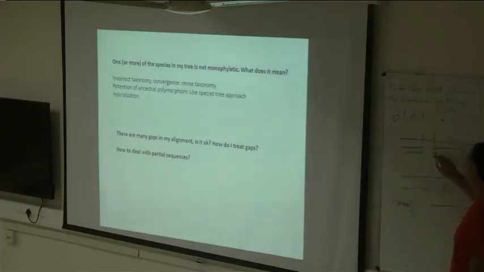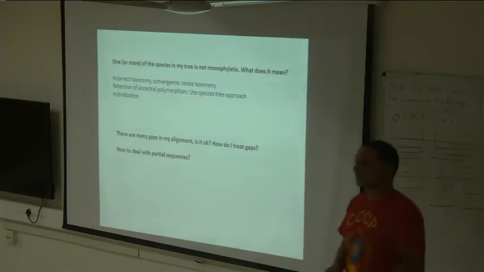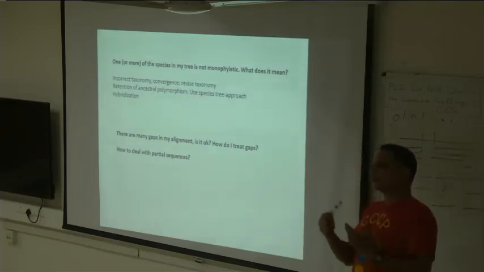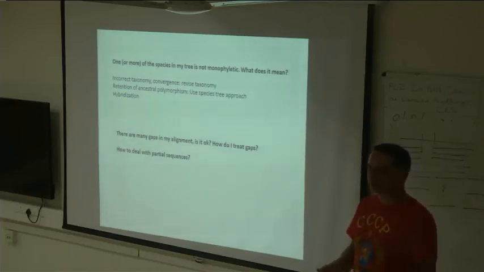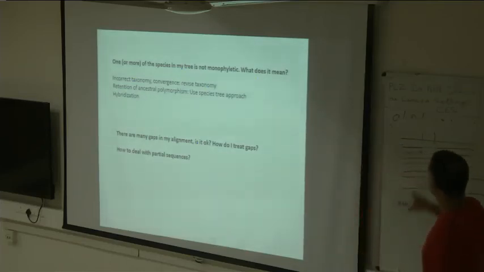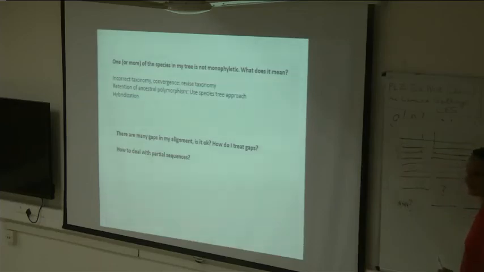However, you can also have a situation where this gap is actually informative. It is telling you that these 3 species are more closely related because they share a gap, right? So with likelihood, unfortunately, you can't use that information. In Bayesian, you can introduce this as a separate character.